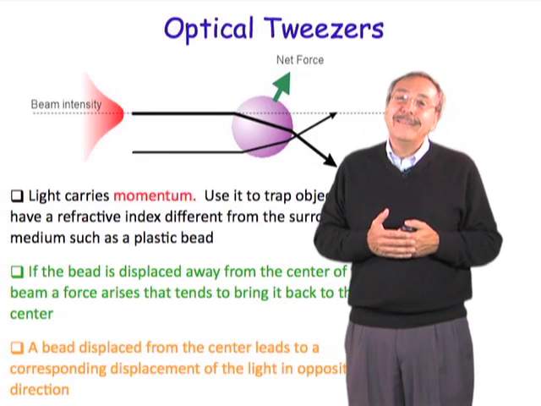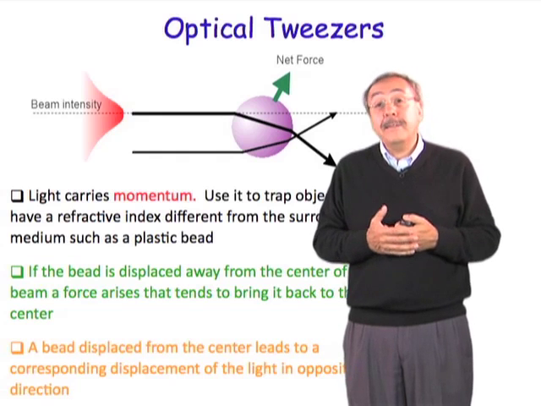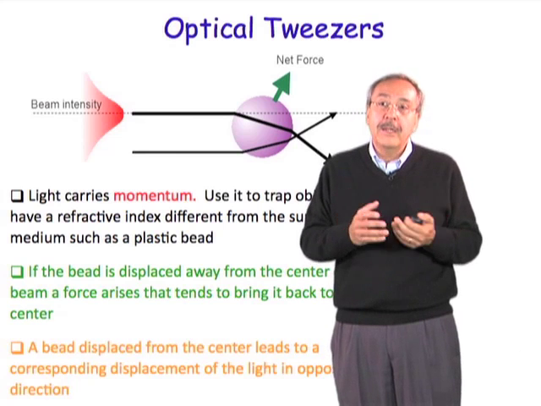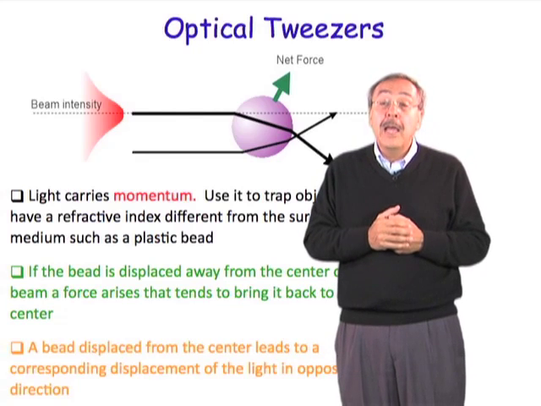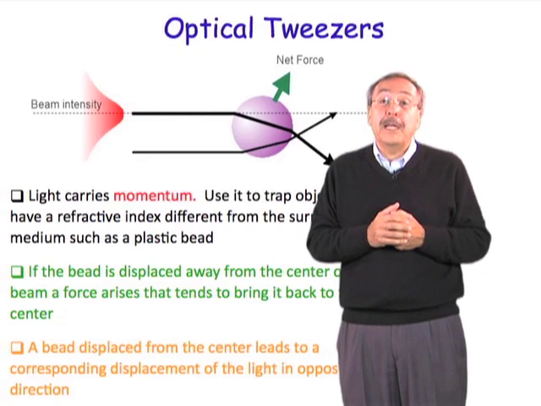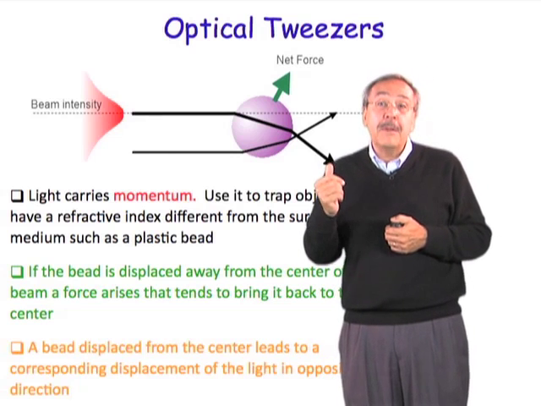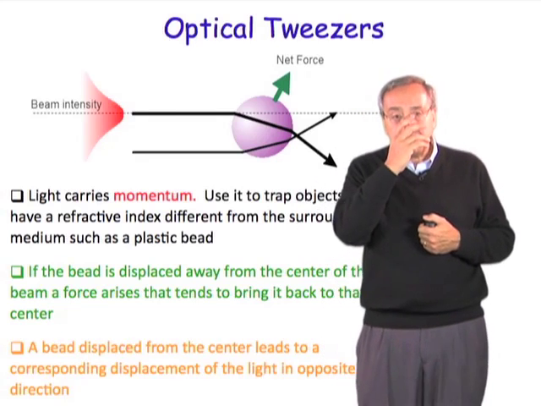The bead is basically trapped in the beam of light. And that's a great thing, because you can now use light to manipulate things far away. In other words, you can manipulate these microscopic beads, and if those microscopic beads happen to be attached to a molecule of DNA, now you can use those beads and the beam of light to manipulate your molecules of DNA.